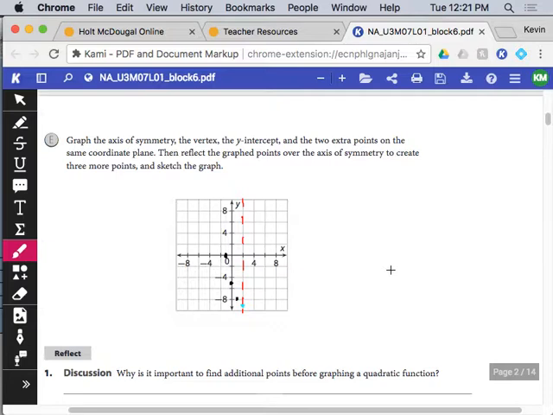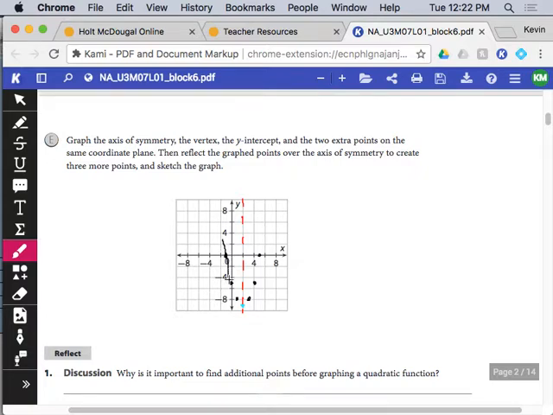So what it asks us to do in step E is it says reflect the graphed points over the axis of symmetry to create 3 more points. So because this is kind of like a mirror, we'll reflect it over the axis of symmetry, and that's how we'll get the rest of our points in our parabola. So by symmetry, because we know it's symmetric, we don't have to find these points.